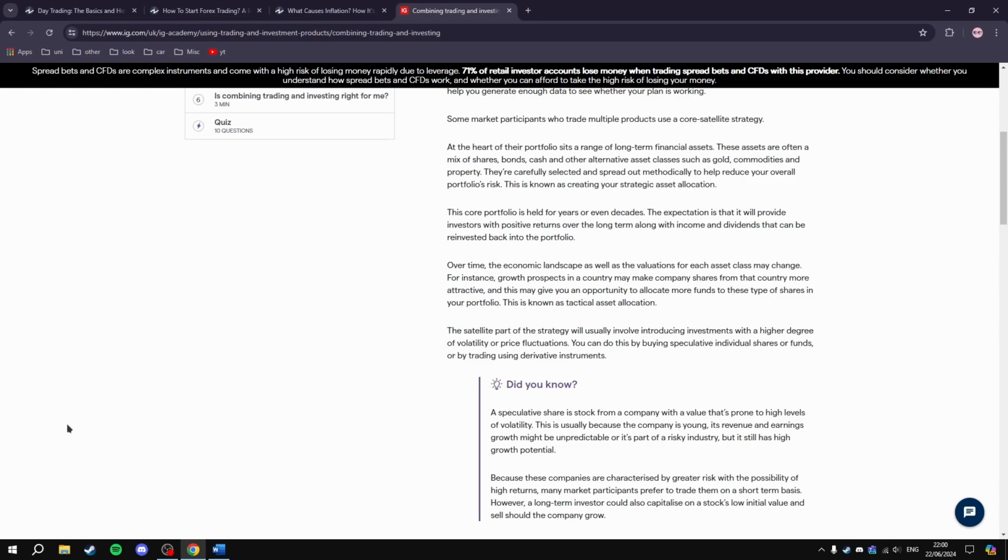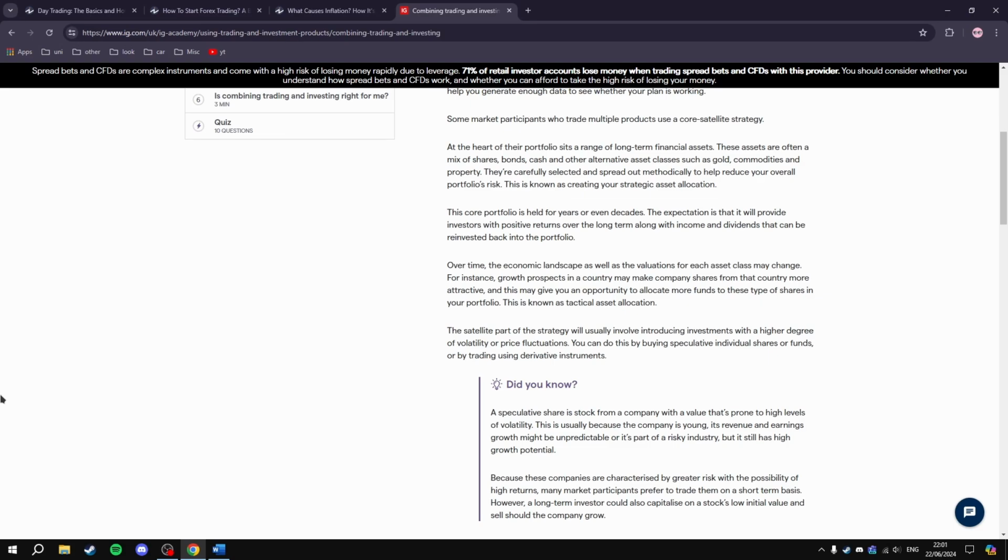So there are some market participants who trade multiple products using a core satellite strategy. At the heart of their portfolio sits a range of long-term financial assets, a mix of shares, bonds, cash and other alternative asset classes such as gold, commodities and property.